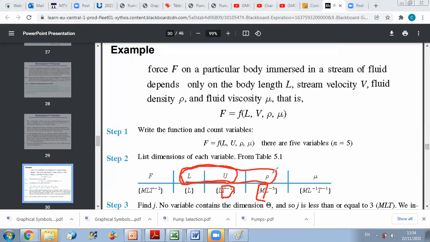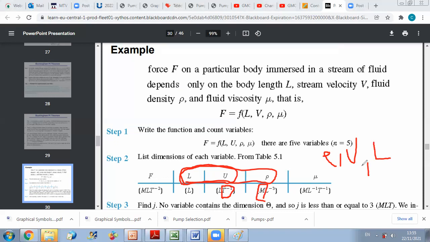This means that rho, U, L are independent variables. Independent variables means that I cannot form any group between these 3 variables.